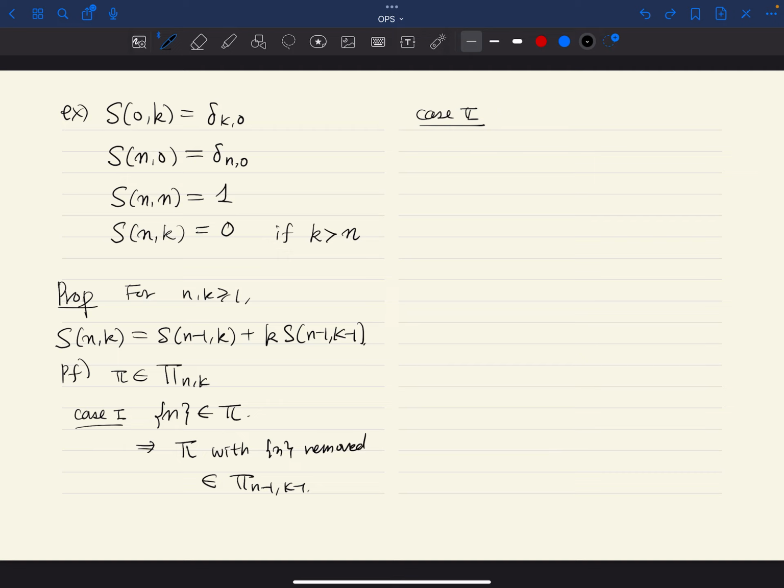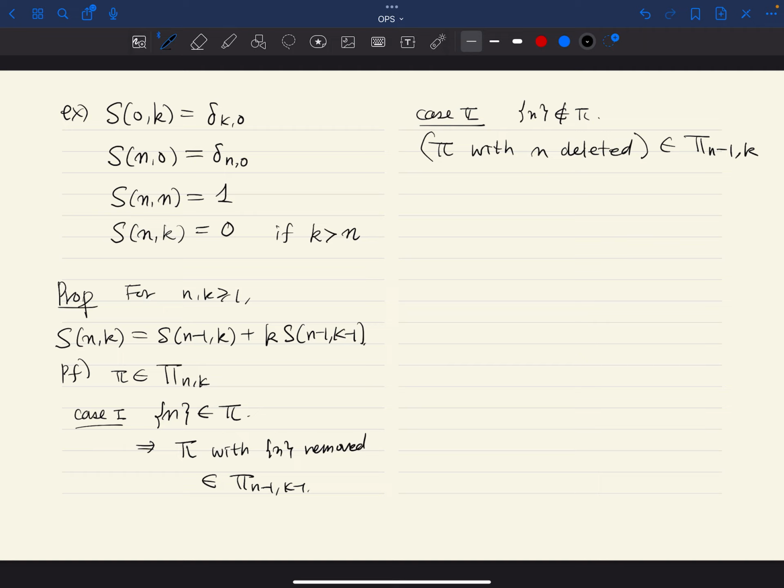Otherwise, n itself is not a singleton block. That means it is in a block with something else. So then the partition with n deleted will be a set partition of n minus 1, but you removed n, and there are still elements in the block, so the block still stays. So we still have k blocks.